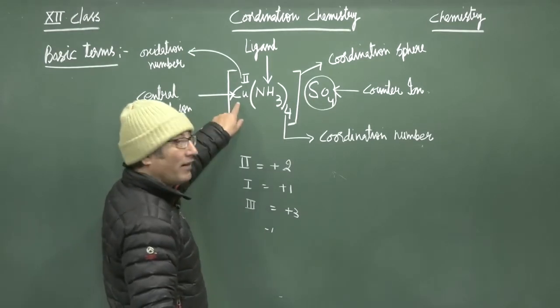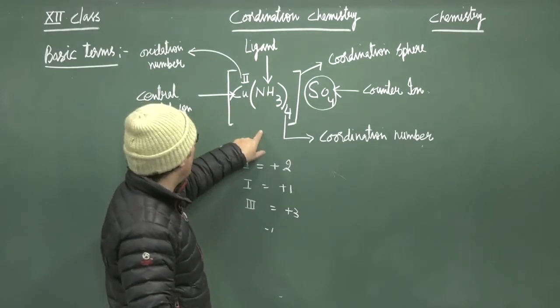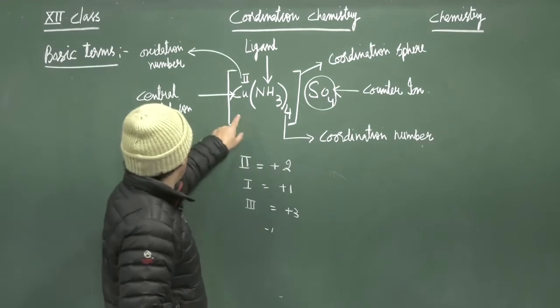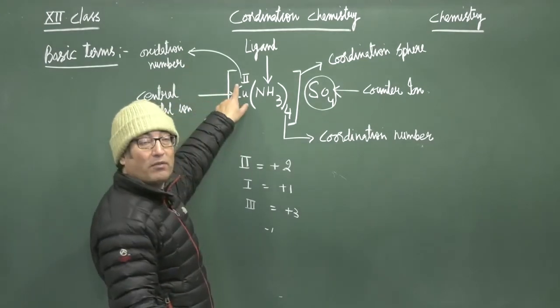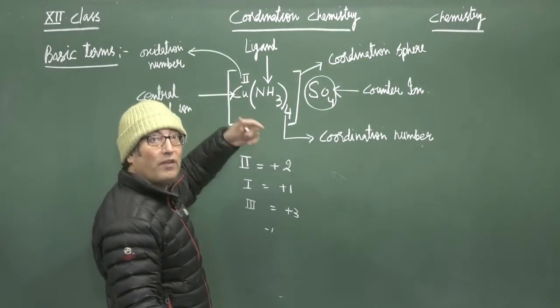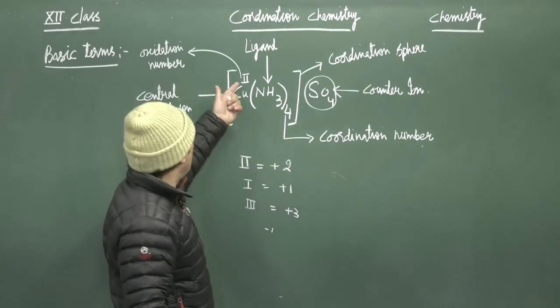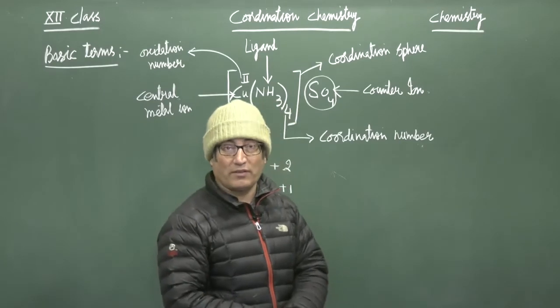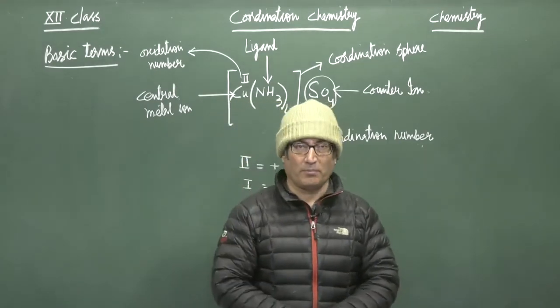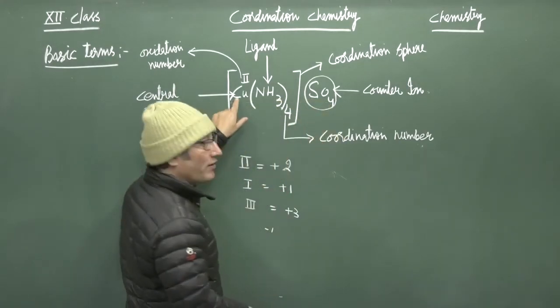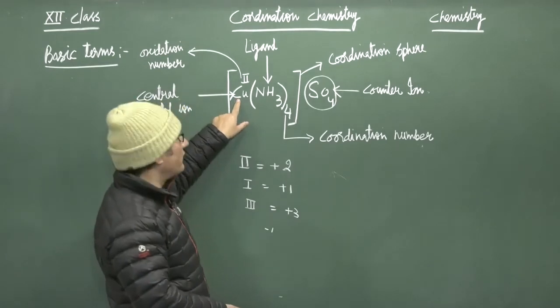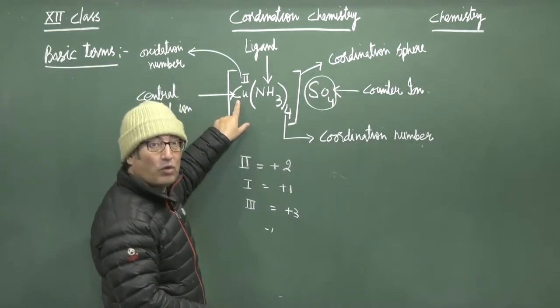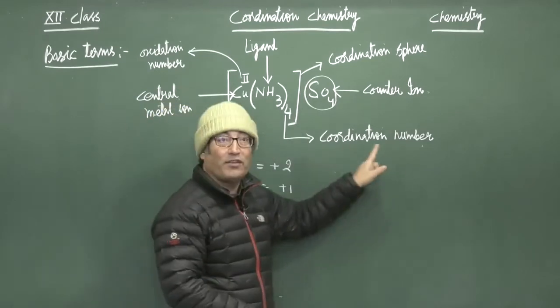So the central metal ion in a coordination compound has two characteristics. One is its oxidation number, which in this compound is +2, and we will be calculating how it is +2 in this and other coordination compounds. The central metal ion has one more property, which is called its coordination number.